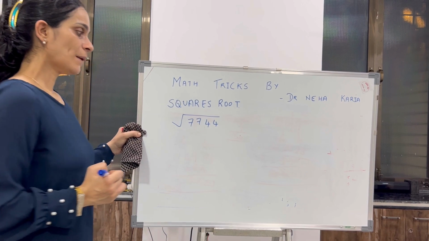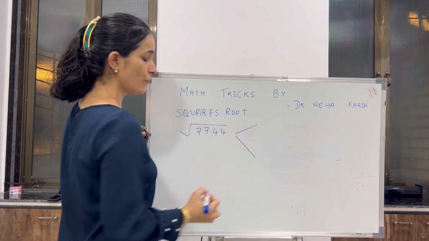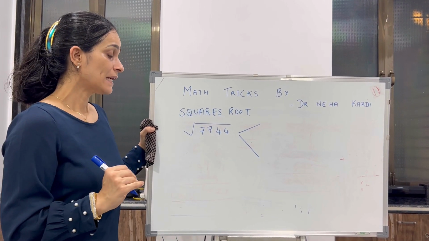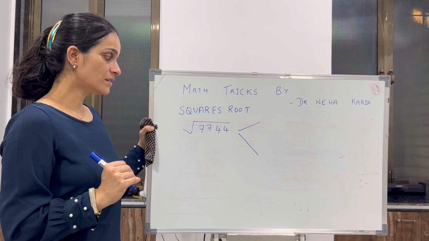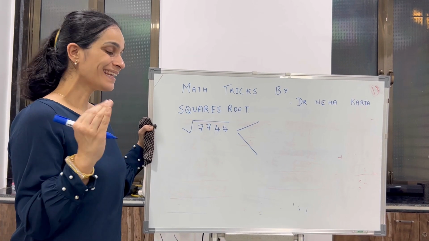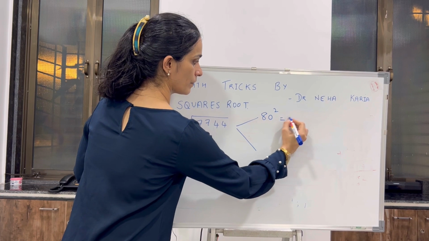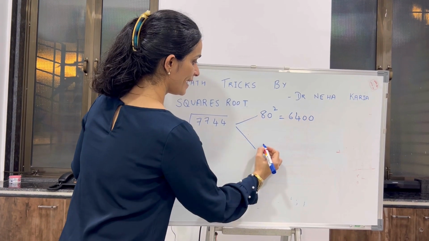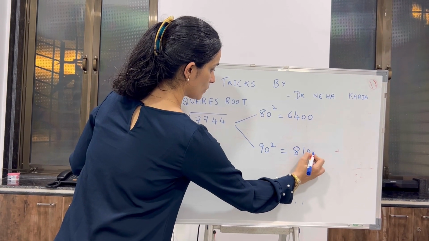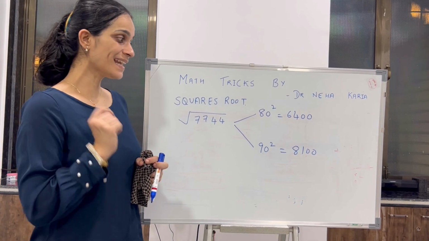Now this square root, you have to go with your base numbers. Remember the squares from 1 to 9. 8 square is 64 and 80 square is 6400. And then comes your 90 square. 90 square is 8100. So this number 7744 lies in between 80 and 90.